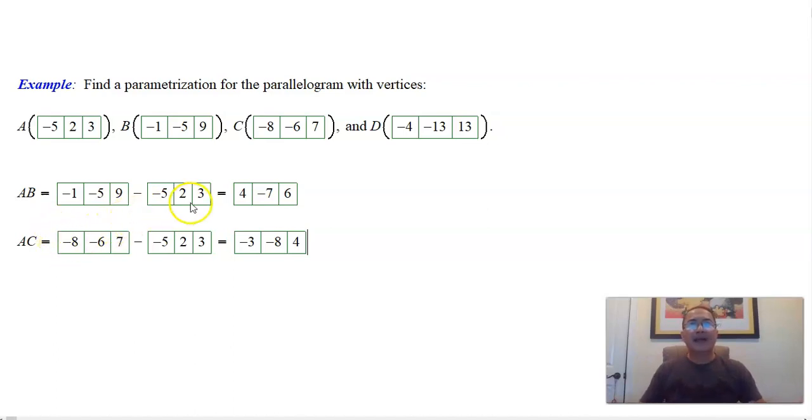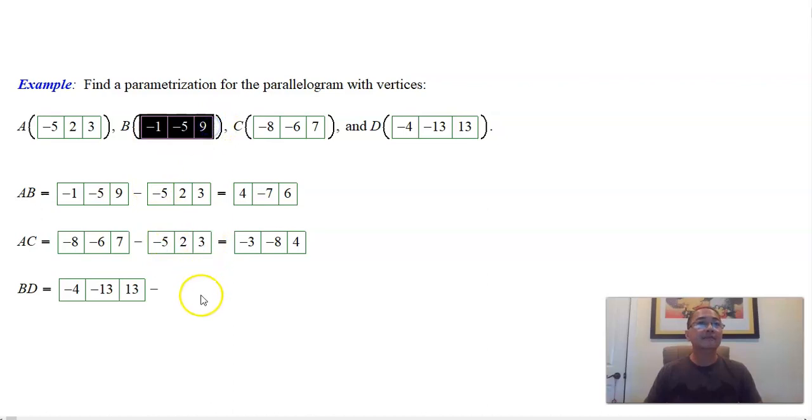So now, how about the vector from B to D? Let's explore that. Here is D, and we subtract B. Do we get something familiar?